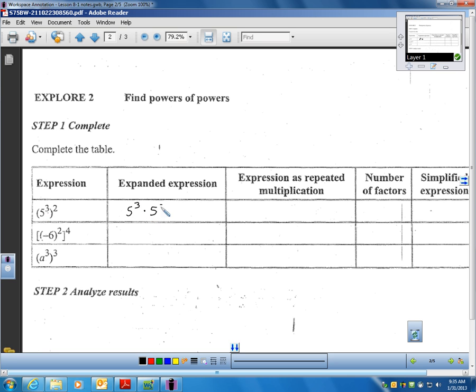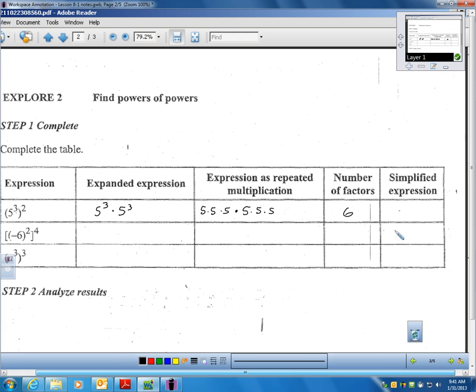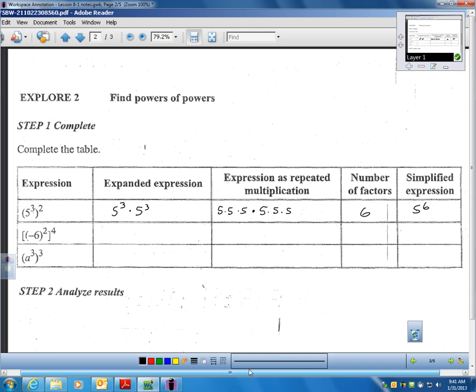So second power means I have 5 cubed times 5 cubed. Isn't 5 cubed 5 times 5 times 5? And I'm multiplying that with 5 cubed again, which is 5 times 5 times 5. Do you see how I end up with 6 factors of 5? This would be 5 to the 6th power. All right, so 5 cubed squared is 5 to the 6th power.